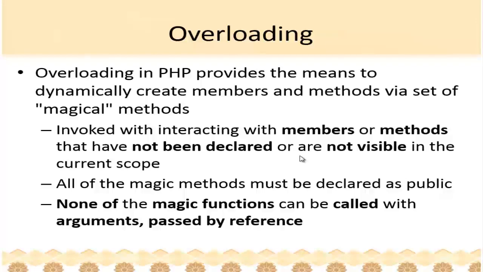There are a few things you must understand. Whenever you use a magic method, you can use it to activate members which are not declared. So if you have not declared a method and you want to use it, you use the magic method, or if you have not declared a property and you want to use it, you can use that.